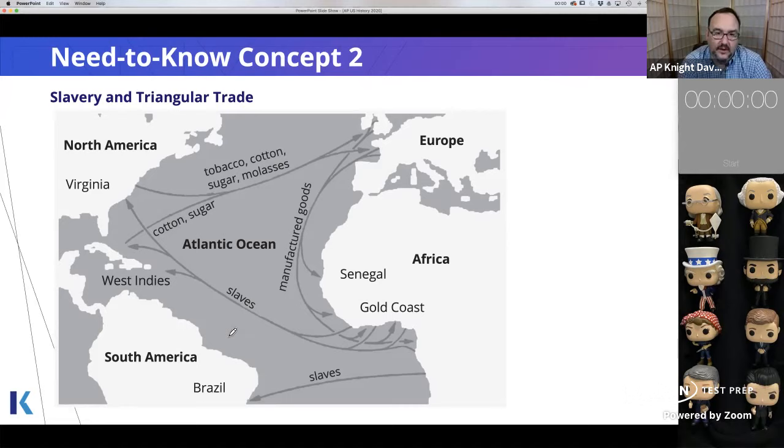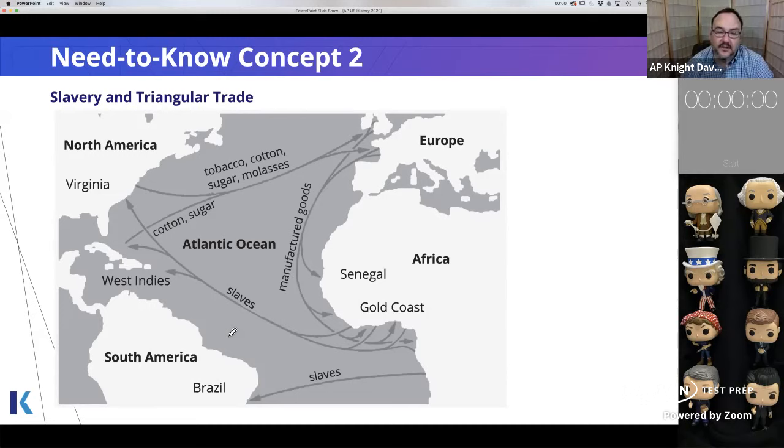This triangle of trade: you're going to see raw materials going from North America, and they weren't the United States at that time, to Europe. So they're getting all the resources, the raw materials that they wanted so badly. Then Europe is going to put all of that into their manufacturing system, and that's going to head down into Africa, where it's going to have a whole new place to buy things, a whole new group of people to buy from you.